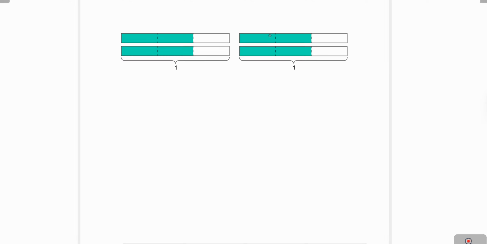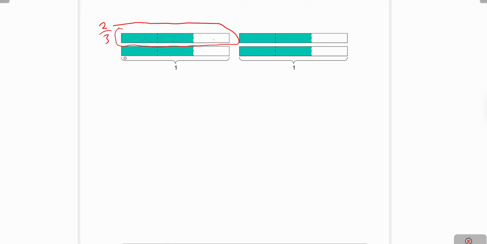Okay, what do we have here? Each fraction bar here, let me circle this one so I can show you. You can see there are 2 out of 3 shaded. So this is 2/3.